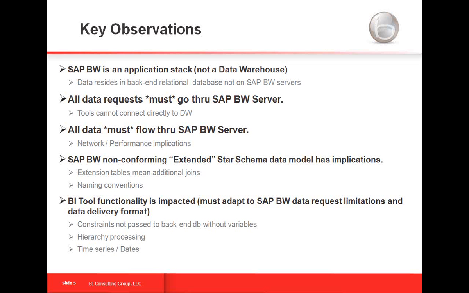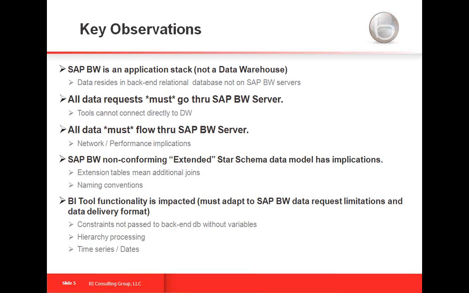Third important point to know is that all data also must flow through the SAP BW server. So you don't send a request to SAP BW and then SAP sends the request on and then data is delivered directly to your tool. Even the most simple select must travel through the server.